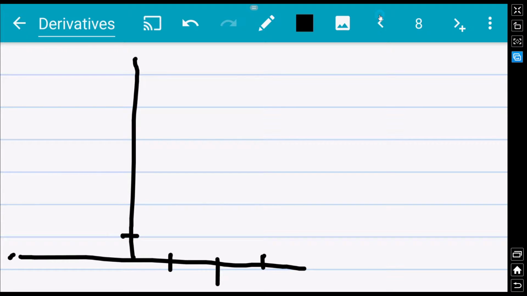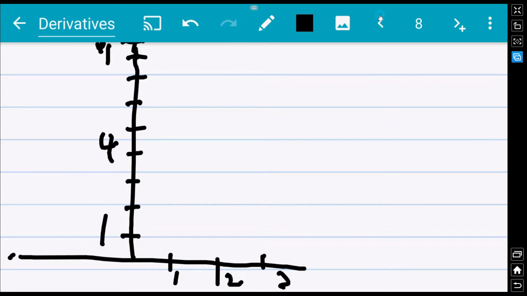And let's say we graph this really small. 1, 2, 3, 4, 5, 6, 7, 8, 9 up there, right? That's 9 up there. That is 1, 2, 3, 4, and 1. And this is 1, 2, 3. This is not to scale. This x is more than the y, so it will look kind of weird, but hopefully that's okay.